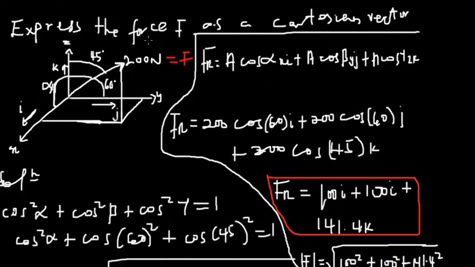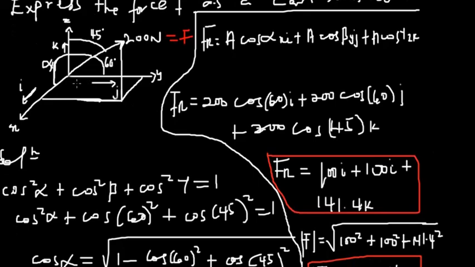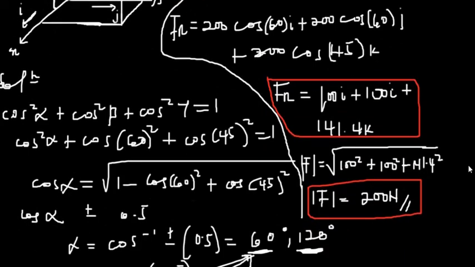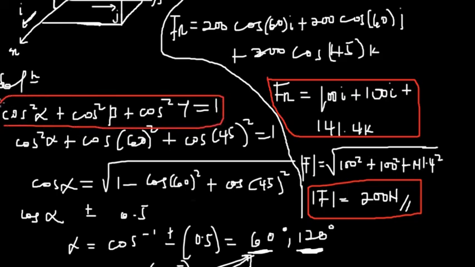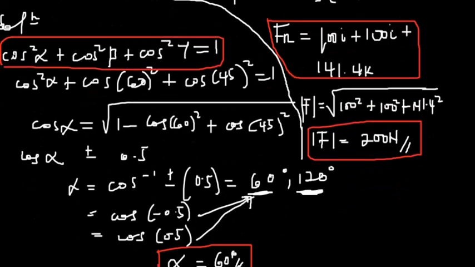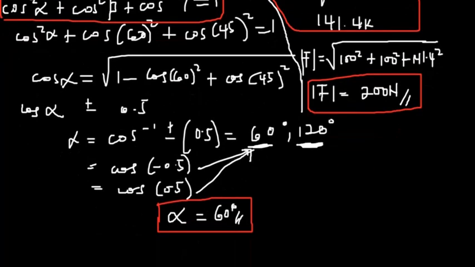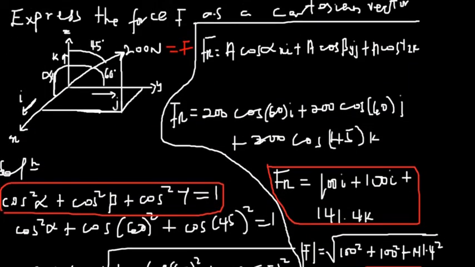You could see that this was very simple and straightforward. First, we just converted the force into Cartesian. We first found the angle which was missing, that's alpha, where we implemented this formula. By inspection we got to know that the angle is supposed to be 60 degrees because the force was acting in the positive direction.